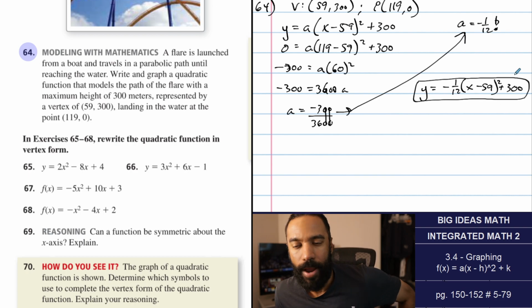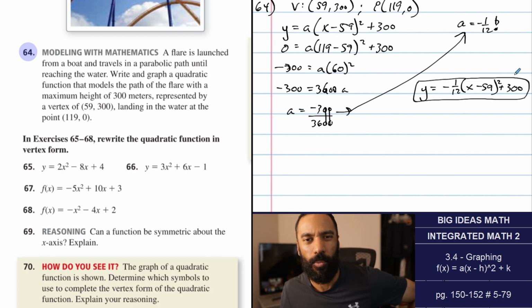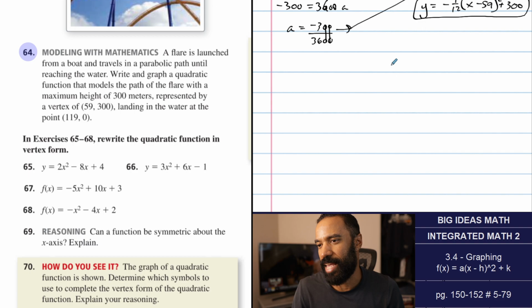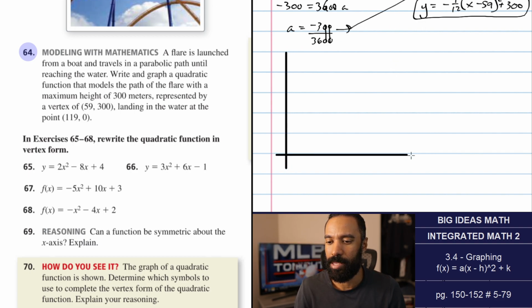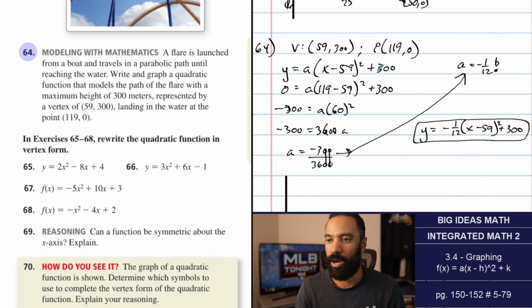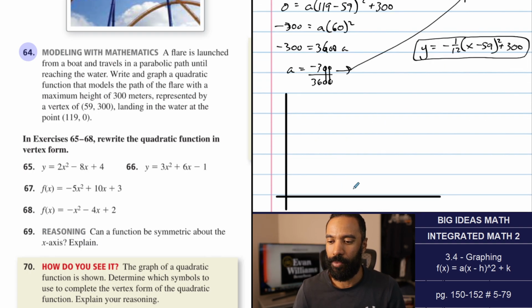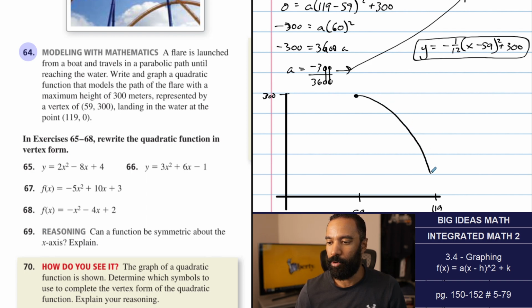Okay, they asked us to graph this, and it hits 119 comma 0, which is just out of reach of being exactly the halfway mark on this graph here. So I'm going to make a graph that does the same kind of thing, where 59 comma 300, 300 is the maximum height, and go ahead and hit it way up there. Now, it hits 119 comma 0. 119 is just more than double 59.